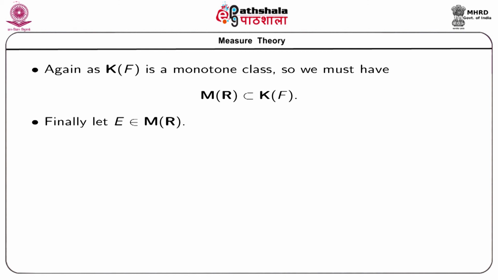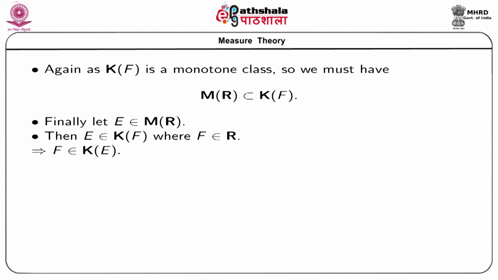Finally, we take E from the class MR. Now, see that E belongs to Kf, where F belongs to R, and we have already seen that E belongs to Kf is equivalent to saying that F belongs to Ke. So, we have F belongs to Ke.